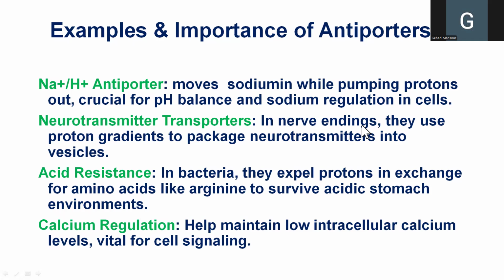At the termination of nerve endings, we have swellings called synaptic knobs that contain vesicles, and these vesicles contain neurotransmitters that are necessary for transmission of the nerve impulse. And these sodium proton antiporters, or what we call the neurotransmitter transporters, are essential for accumulation of the neurotransmitters inside the vesicles in exchange for other ions that are being pumped outside.